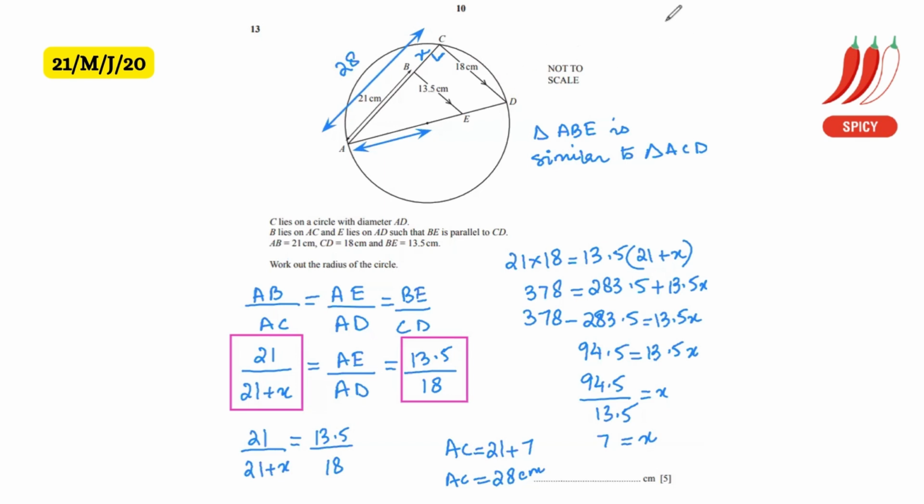Since it's a right angle triangle, this is your C, this is A, and this is D. So AC is 28, AD is what we need to find, and DC is already given as 18. So we can easily use this to find AD, and then half of AD will be the radius, because AD is a diameter.